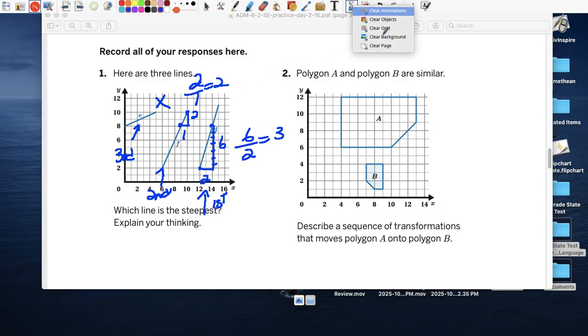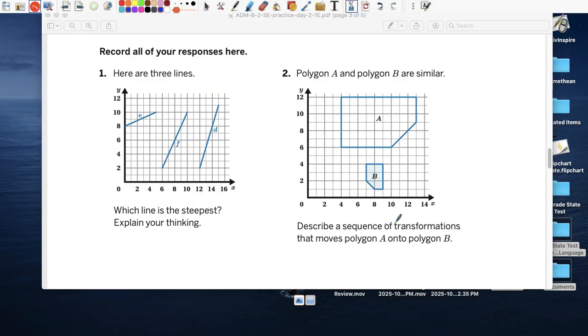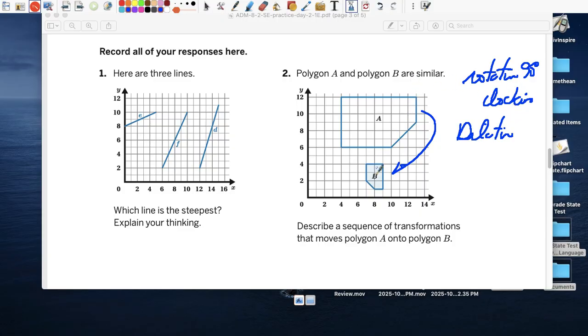Are these 2 similar? Or describe a sequence transformation that moves polygons. So this became that. So obviously a rotation of 9 degrees clockwise was involved. Definitely a dilation. Of what factor? Well, it got smaller, so this side here corresponds to this. It used to be 3, now it's 1.